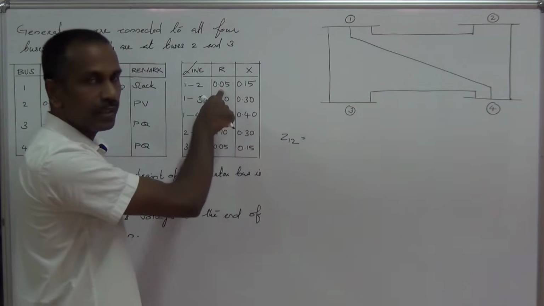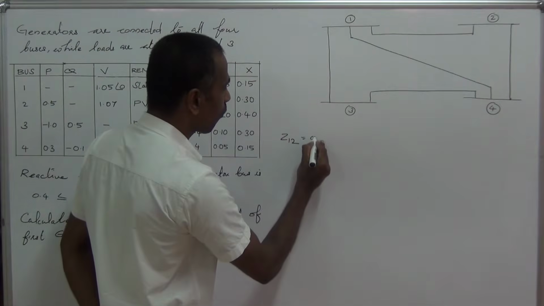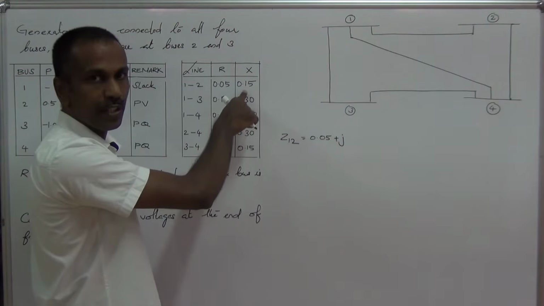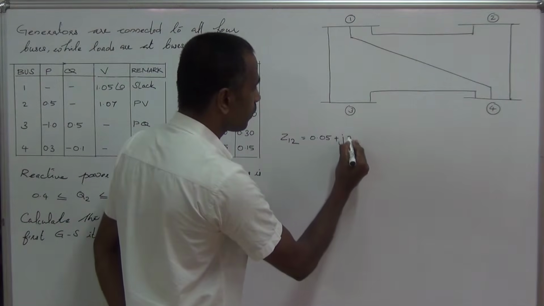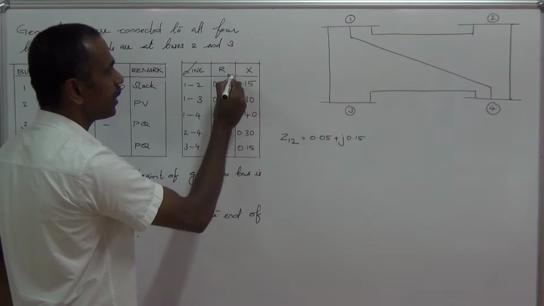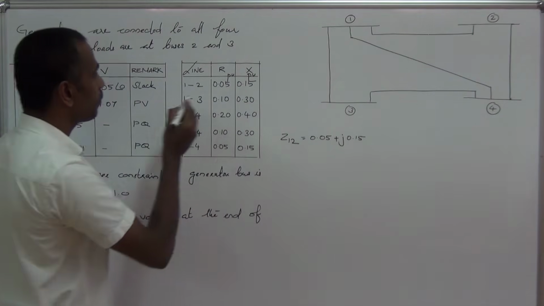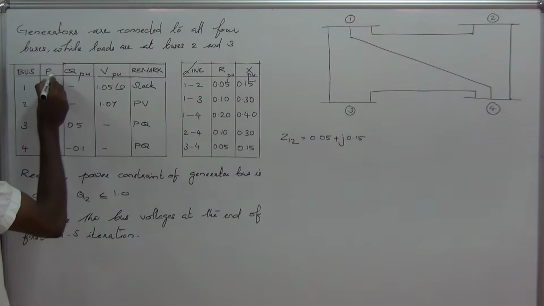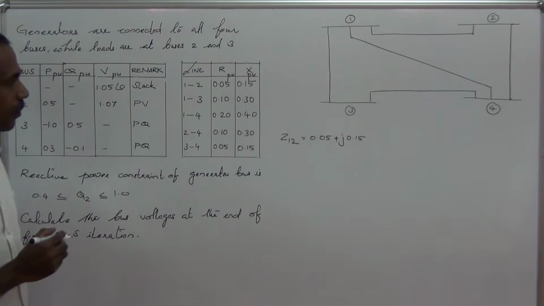The resistance is 0.05 plus the reactance is 0.15. All these parameters are in per units.